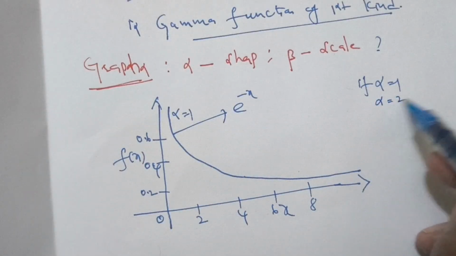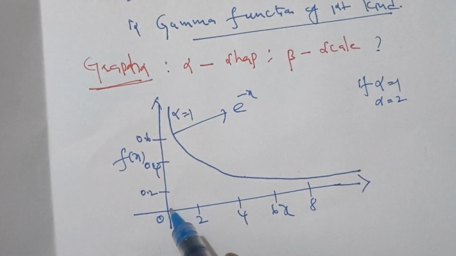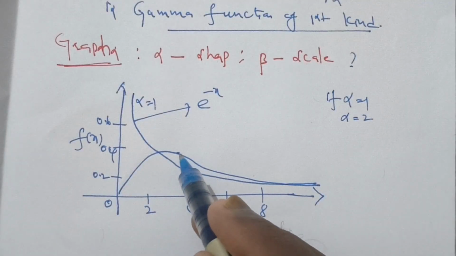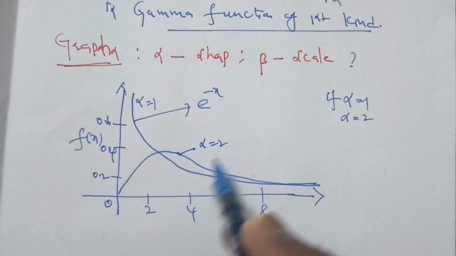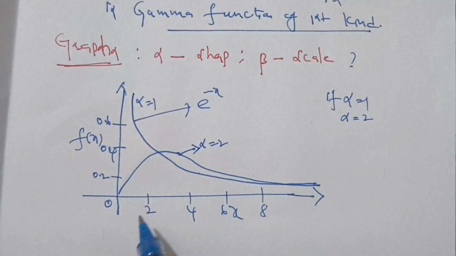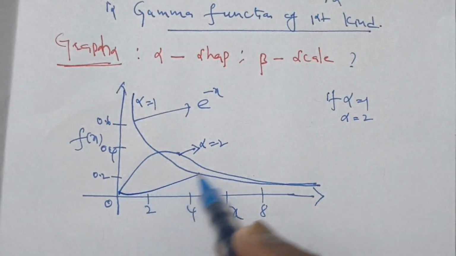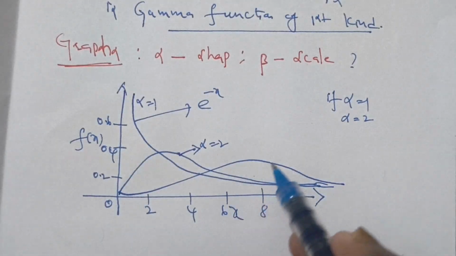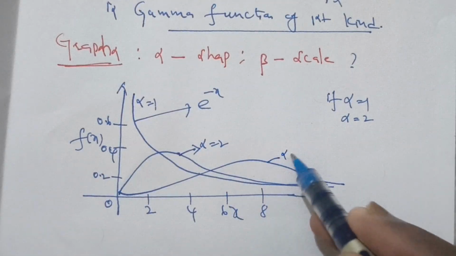If we put alpha equals 2, the graph may be like this. This indicates the graph for alpha equals 2, and so on. For example, if alpha equals 3, the graph may be like this.